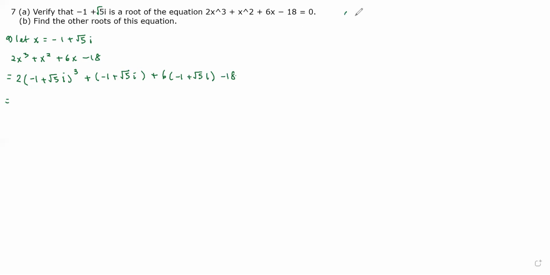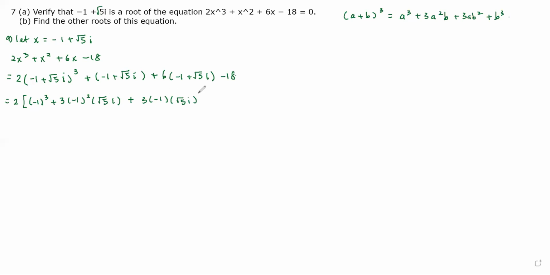Recall that when you have a plus b cubed, this is a cubed plus 3a squared b plus 3ab squared plus b cubed, a binomial expansion. So we have -1 cubed plus 3 times -1 squared, square root 5i, plus 3 times -1 times square root 5i squared, plus square root 5i to the 3.